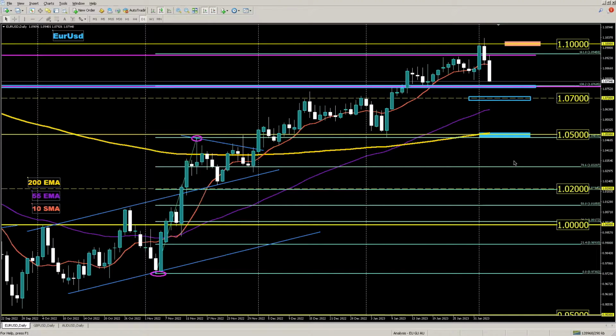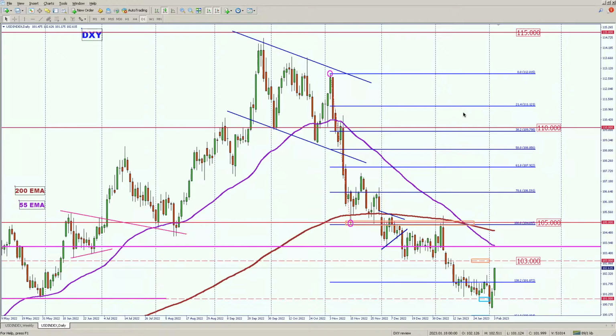All right, so let's also compare this and take a look at the US dollar index. And here's the US dollar index, the DXY.